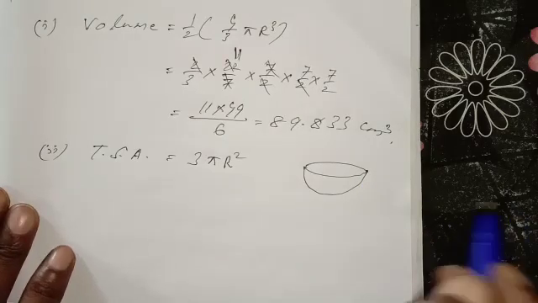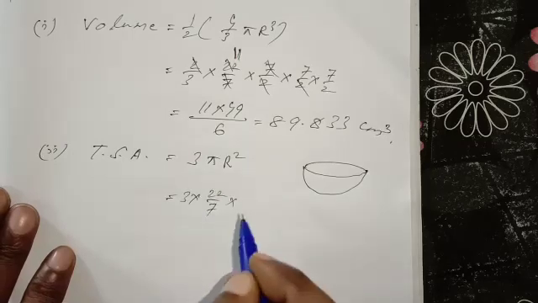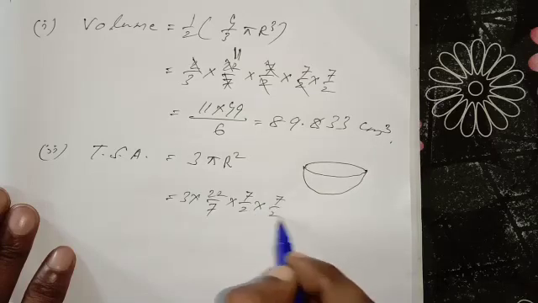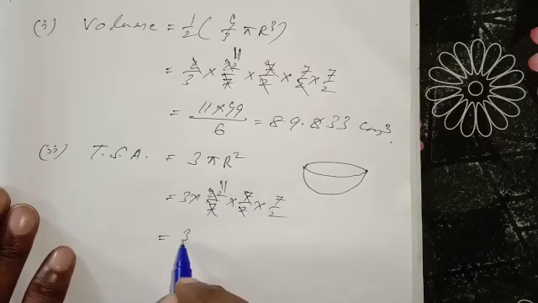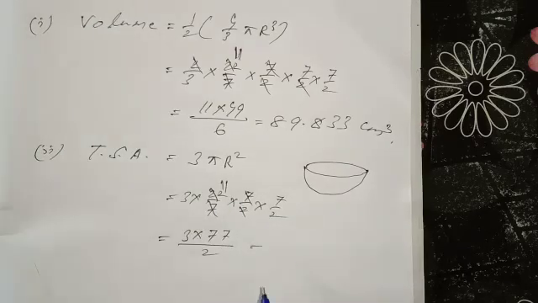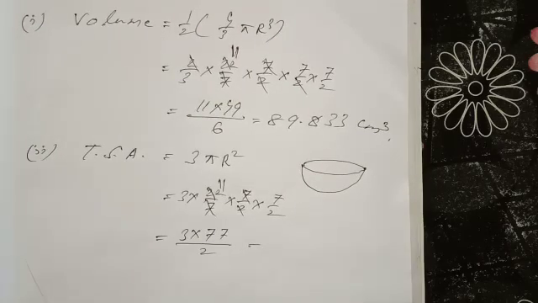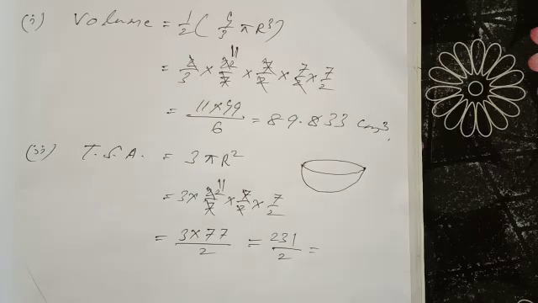Yes or no? 3, pi value is 22 by 7, radius is 7 by 2, you have to take 2 times, 7 by 2, 7 by 2. 7 cancels, 2 11. 3 into 77 by 2. Just multiply 77 into 3. How much getting? 231 divided by 2, how much is coming? Just check.